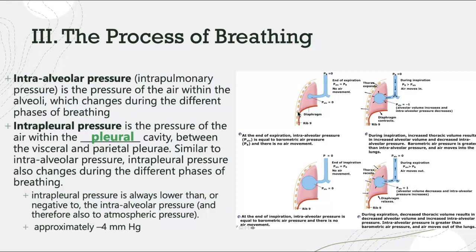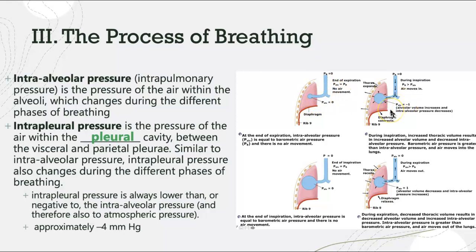So we see that it sits approximately at 4 millimeters mercury. So at the end of expiration, let's imagine that we are pushing all of the air out of our lungs. We see that our intraalveolar pressure is equal to our barometric pressure outside of our body. So there is going to be no air movement here.